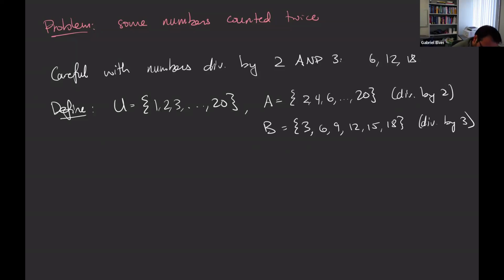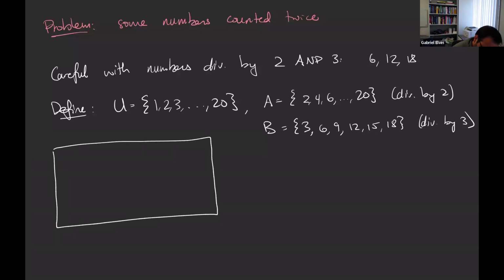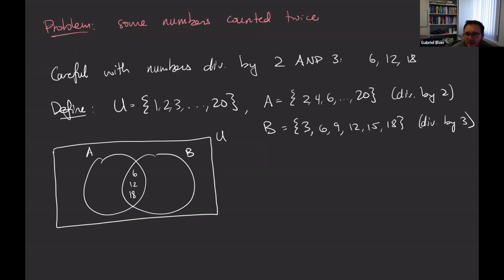And if we put them in a Venn diagram, the key numbers here that we counted twice originally are 6, 12, and 18.